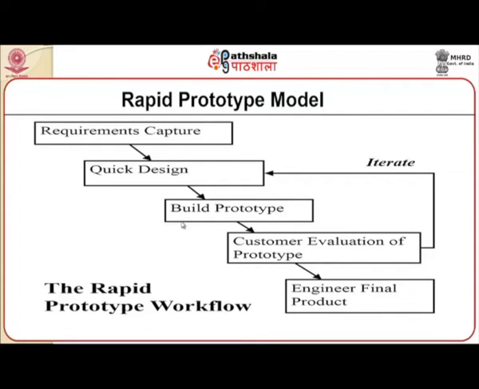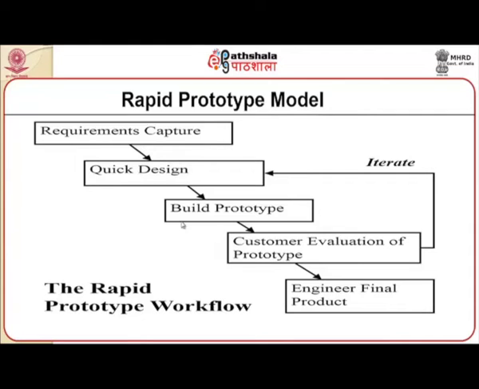After looking at this simple workout or prototype, the customer can come to the conclusion, okay, this will be my product that I was expecting, and the feedback can be reiterated. If it was not found to be satisfactory, it can be reiterated. So the stages that we have introduced in this rapid prototyping model are something like this.